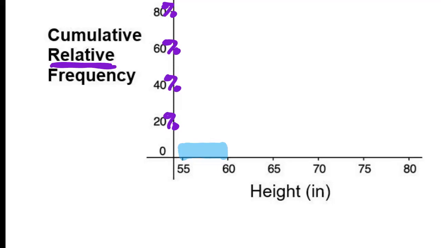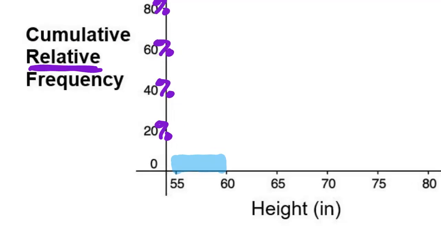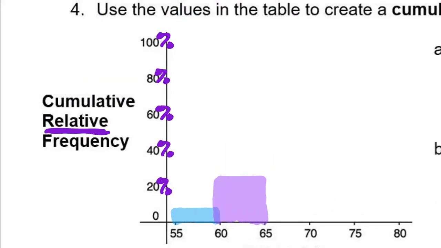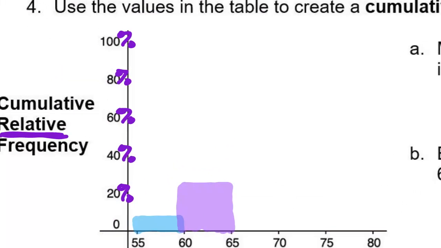And then when we got over to the next group, what was our cumulative relative frequency? 25%. So if I take this up to about 25%. And then 65 to 70, we jumped up a lot and went up to what? 80%. 80% is way up here.